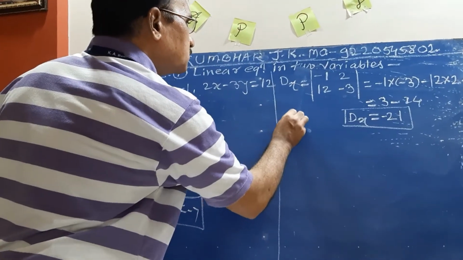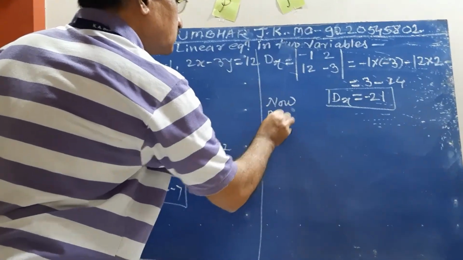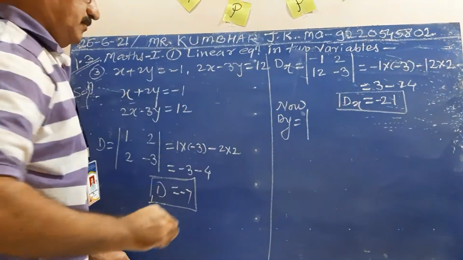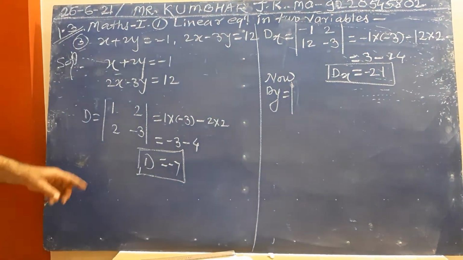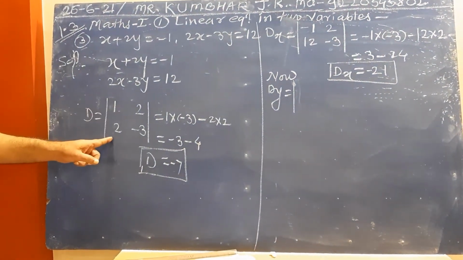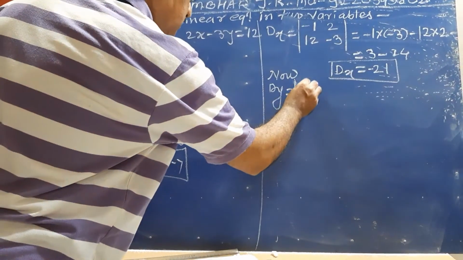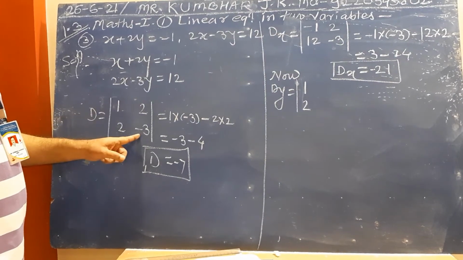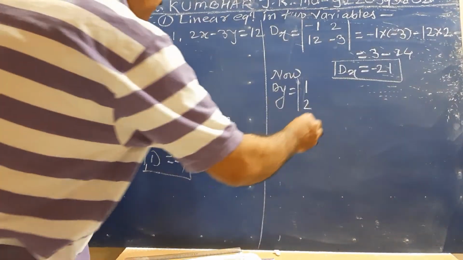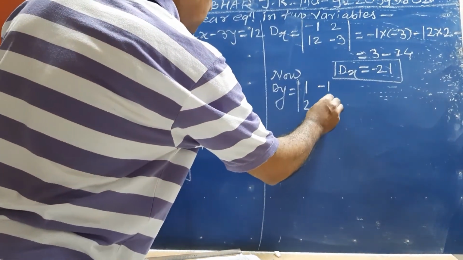Now dy. For dy, the first two players come back from rest, 1, 2, and these b1, b2 are taking rest. The reserve players are minus 1 and 12.